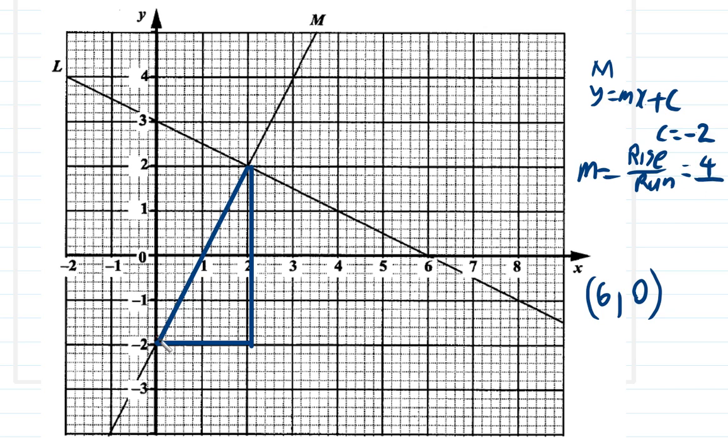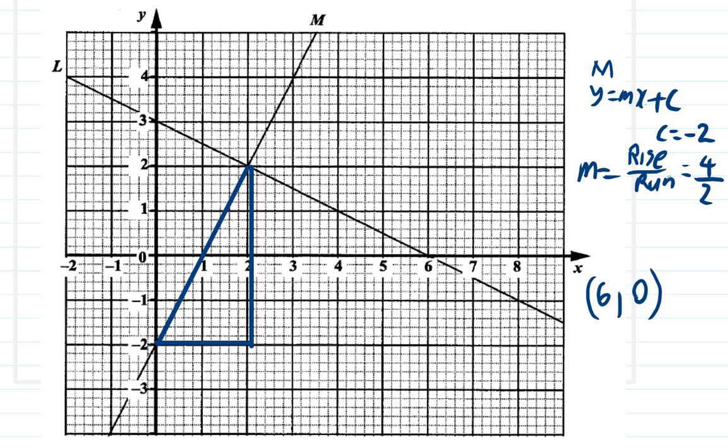How far does it run? 1, 2. It runs 2. So it's 4 over 2. Is it positive or negative? Well, as you go to the right, you will be climbing up the hill. If you want to move from this point to this point, you want to move 2 places to the right, you would have to climb up the hill here. So it's a positive gradient.